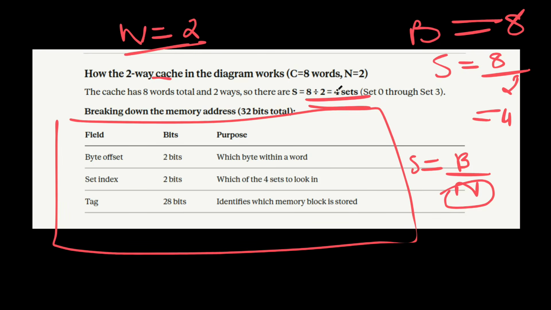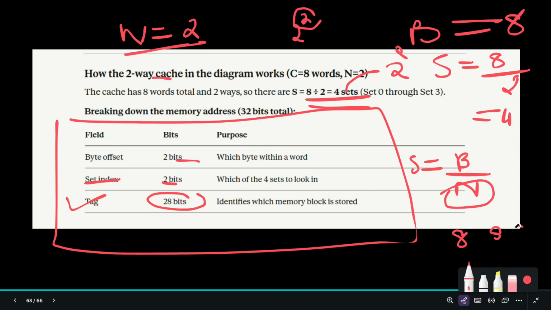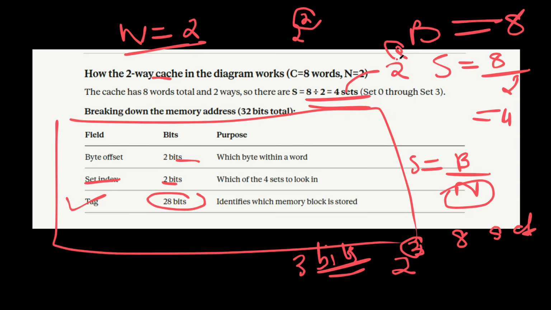Since I got 4 sets, I can write 4 as 2 raised to 2, that means 2 bits can be given to the set index. Byte offset is always 2 bits. And if there are 32 bits in total, the remaining 28 bits are for the tag. If there were 8 sets, we would write 2 raised to 3, so 3 bits for the set.